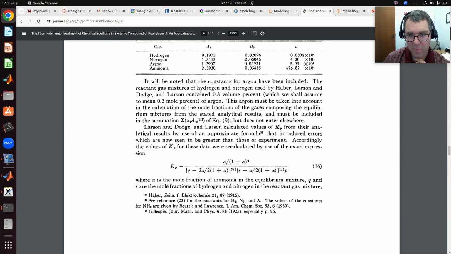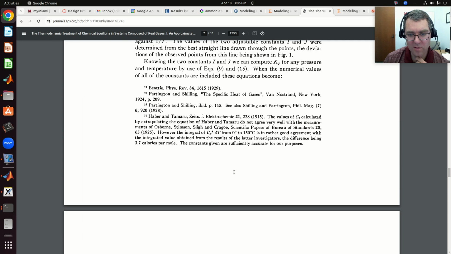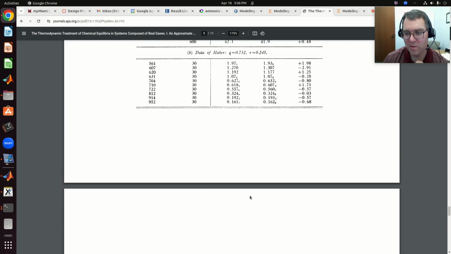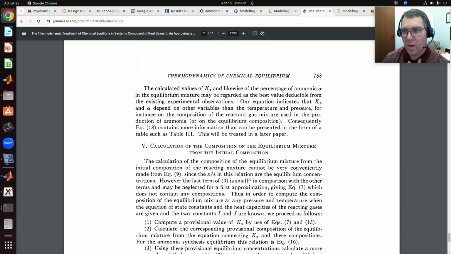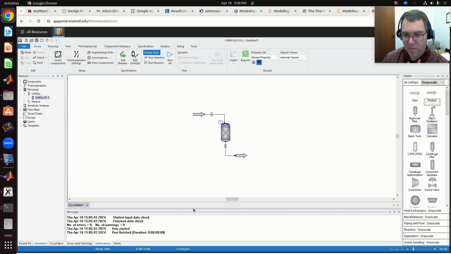All right, so I guess those values computed are based on 16. So I guess these aren't exact equilibrium constant values that I'm computing. Okay, so looks like that works.